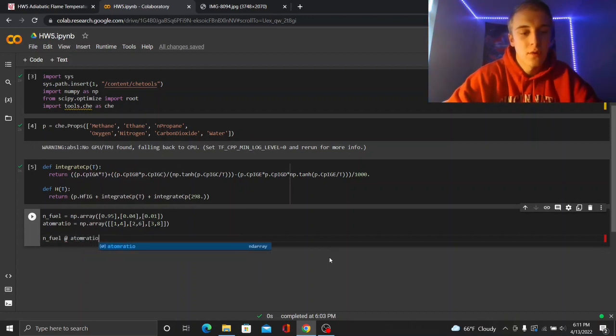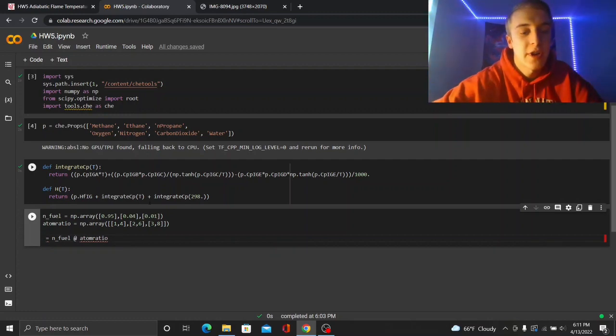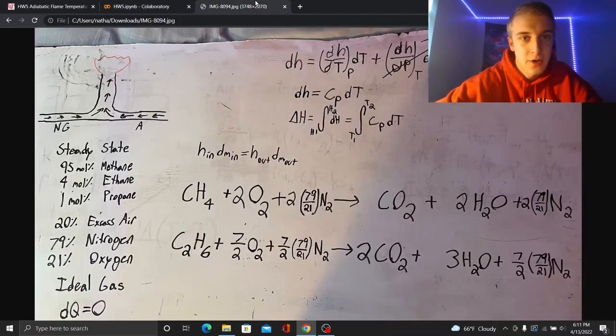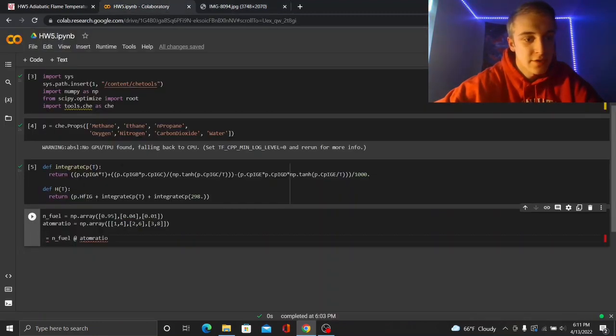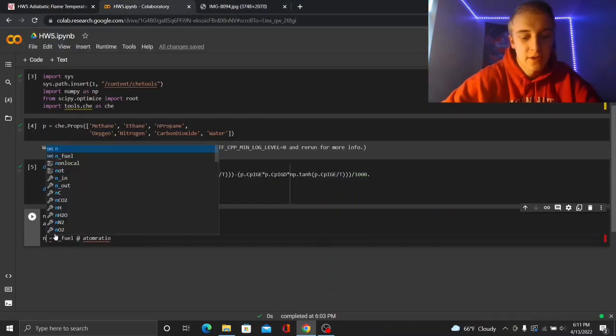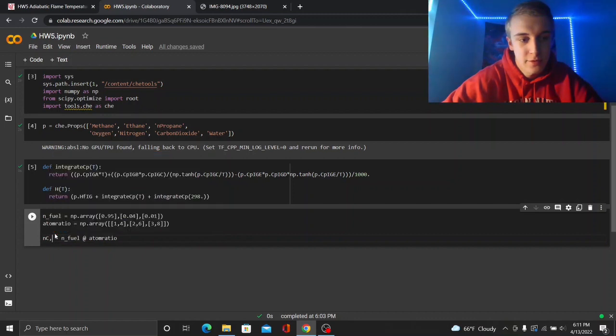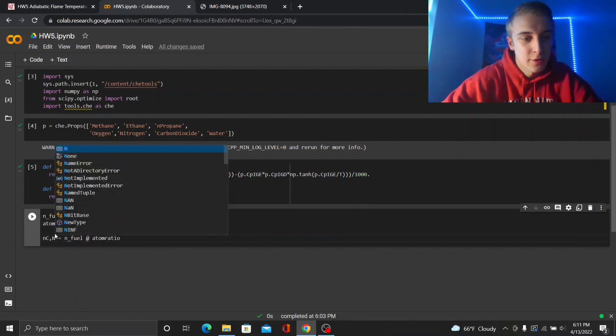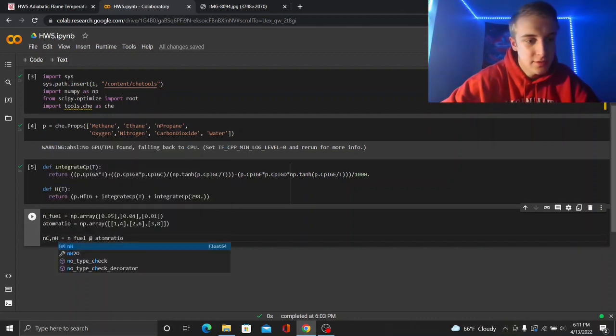So now we can do our actual matrix multiplication, and that will be using the @ symbol. And what this is going to be giving us is an array that will actually be equal to our moles of carbons and hydrogens. So we can actually unpack this into our moles of carbon and our moles of hydrogen.